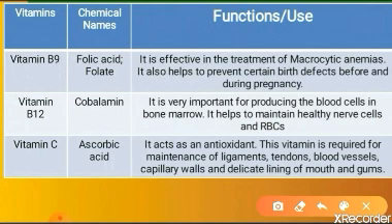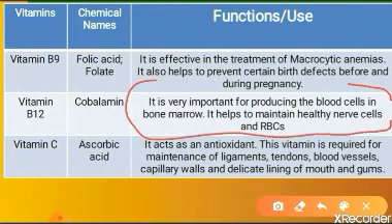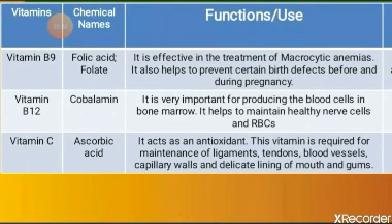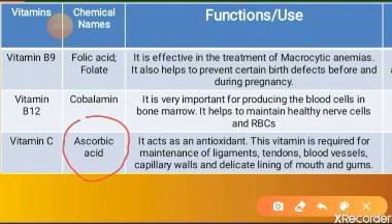Vitamin B12 is also known as cobalamin. It is very important for producing red blood cells in bone marrow. It helps to maintain healthy nerve cells and RBCs. The deficiency of this vitamin causes anemia and memory loss. Vitamin C is also called ascorbic acid.